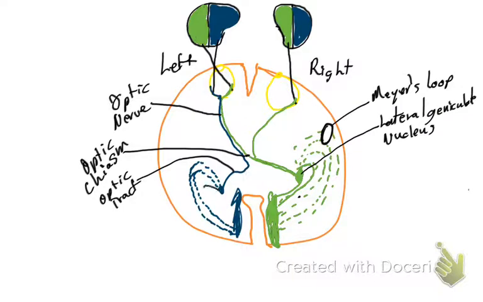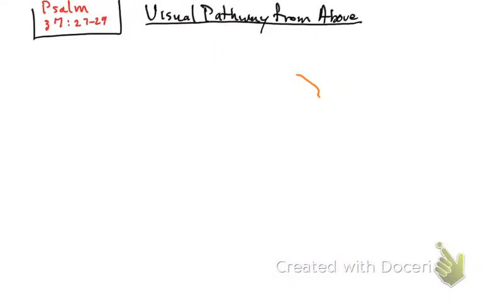So this is the dorsal optic radiation. Okay, so basically this is the visual pathway from above.